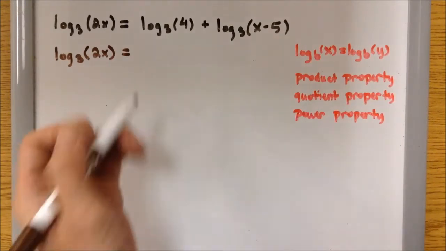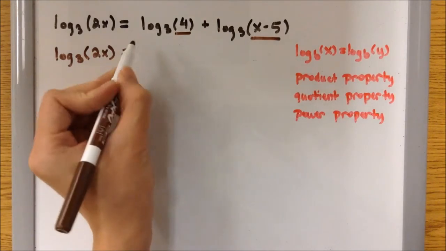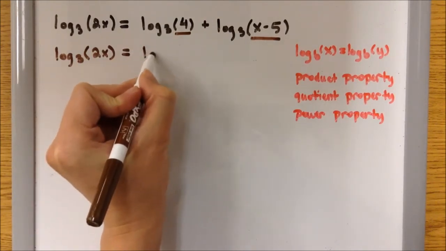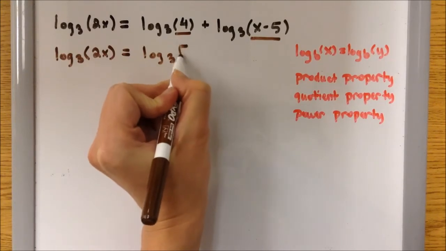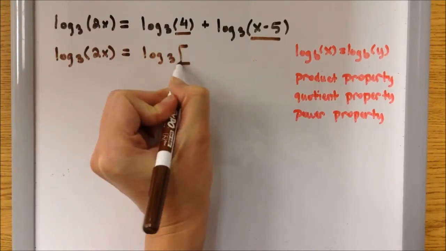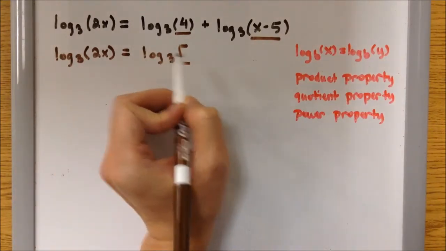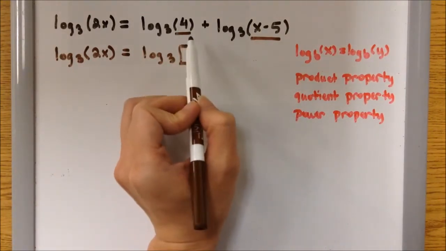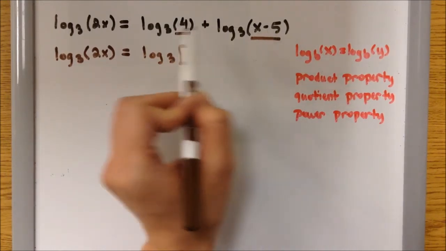So what we're going to do, when we're combining the two logs as one, log of base 3, and then I'm going to use a bracket because we're going to combine two sets of parentheses together. For the product property, we're going to combine the 4 and the x minus 5 by multiplying to each other.